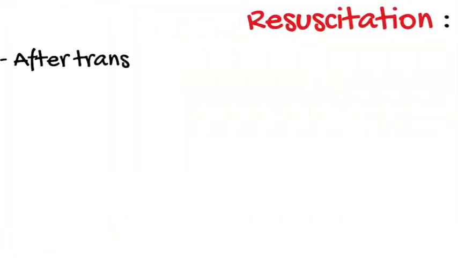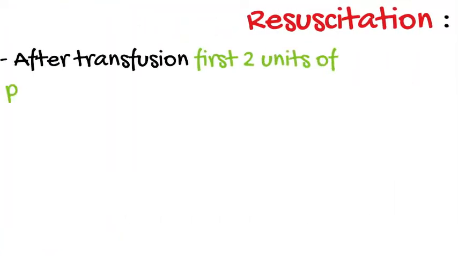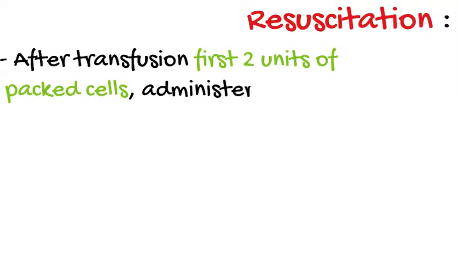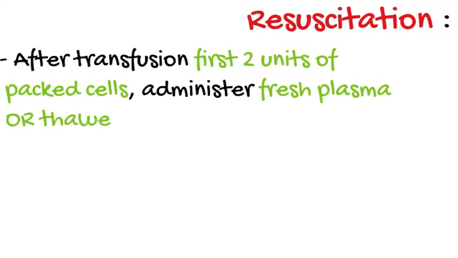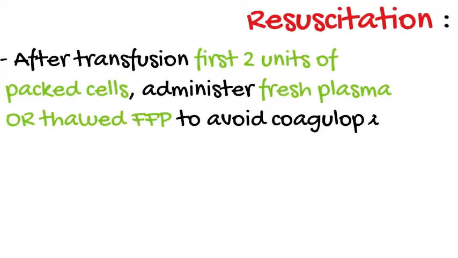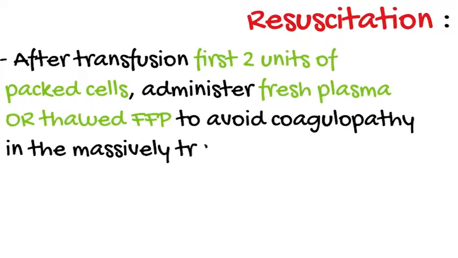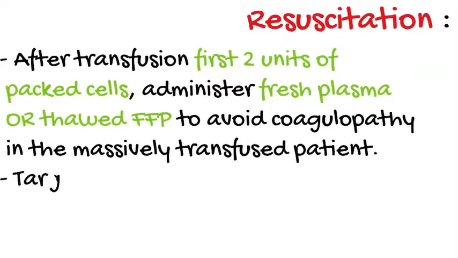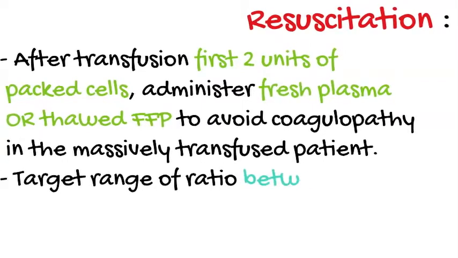After transfusion of the first 2 units of packed cells, it is important to administer fresh plasma or thawed FFP, fresh frozen plasma, to avoid coagulopathy in a massively transfused patient.